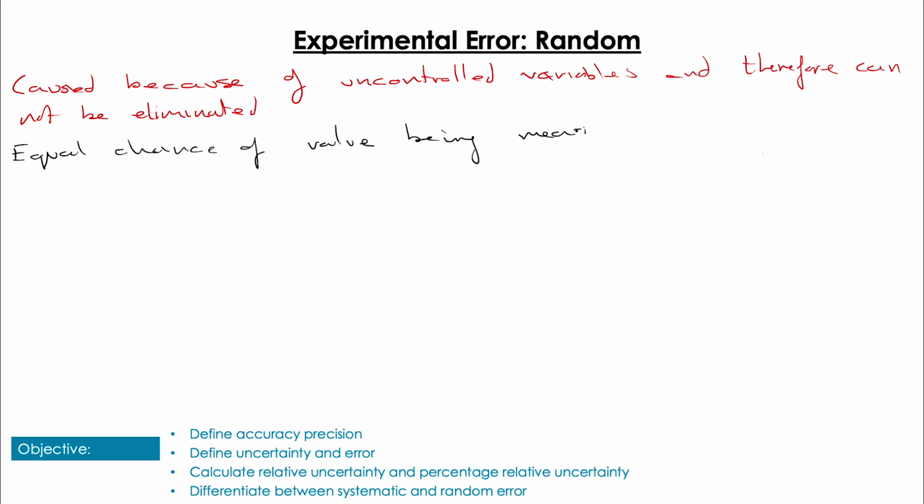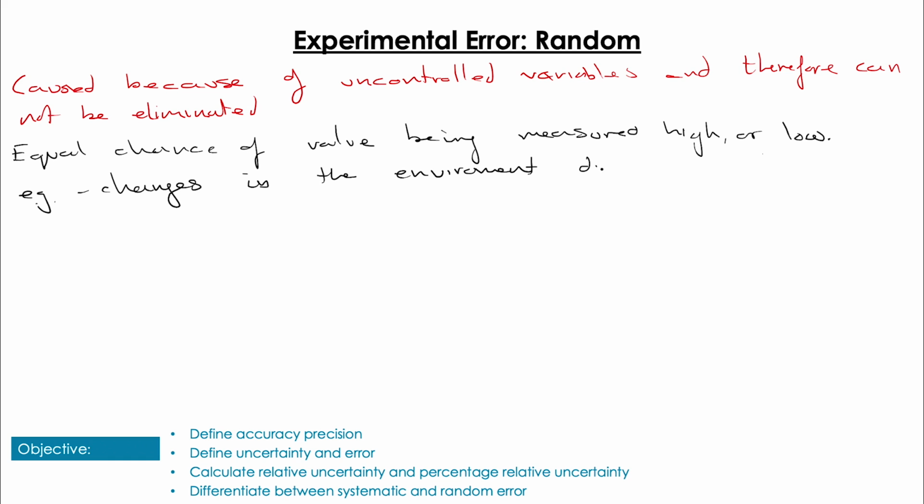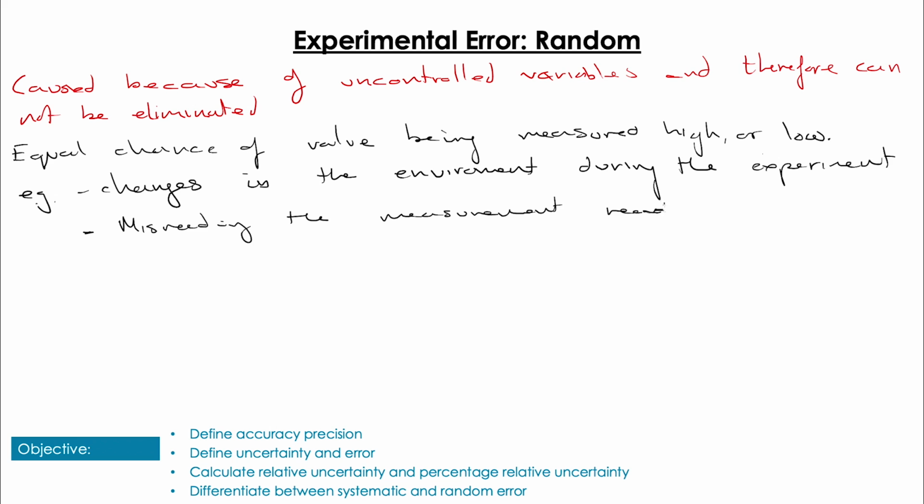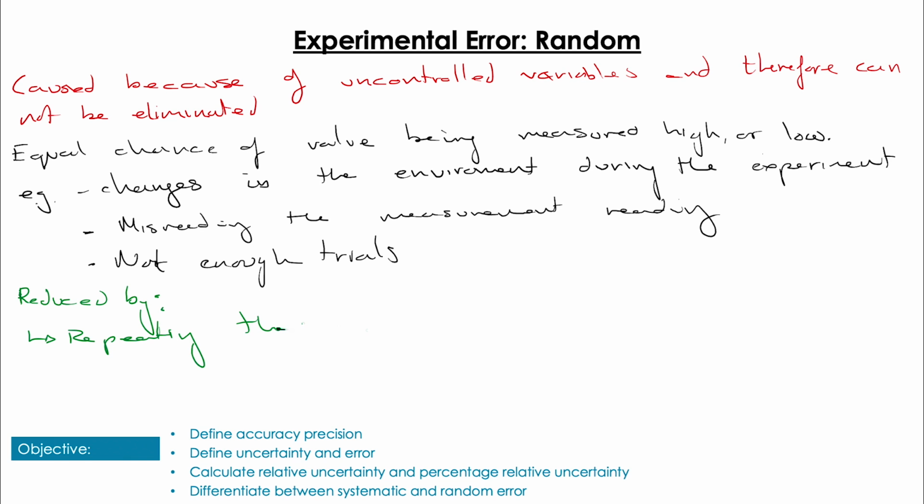They have an equal probability of being higher or lower than the given measurement based on the uncertainty of the equipment we're using, hence random, and these can be caused by changes in the environment during the experiment, potentially misreading the equipment that you're using, or not completing enough trials. Now, we can reduce random error with such measures as repeating the experiment and especially using precise instrumentation.